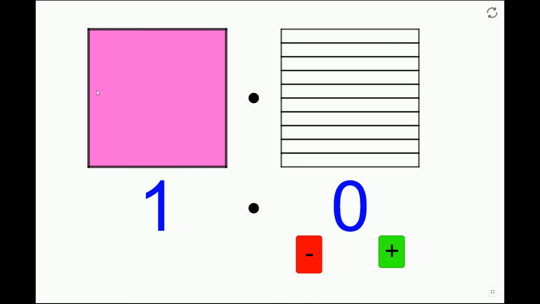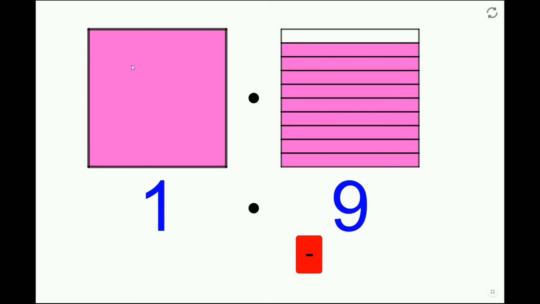Now, if I color one whole square and one piece out of 10 from another identical square, we obtain the decimal number 1.1, which is greater than 1 square. Then, if I color one square and 2 pieces out of another identical square, we obtain the decimal number 1.2, then 1.3, 1.4, 1.5, 1.6, 1.7, 1.8.